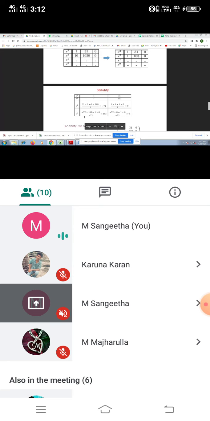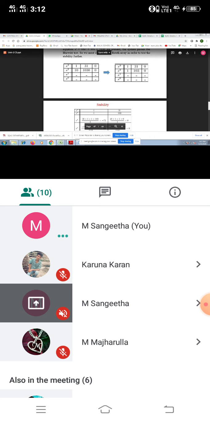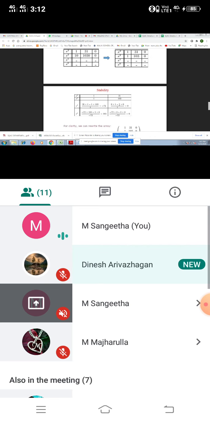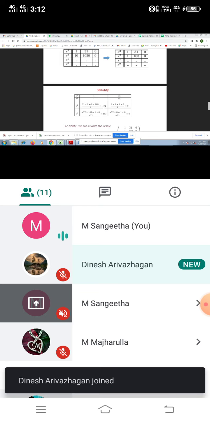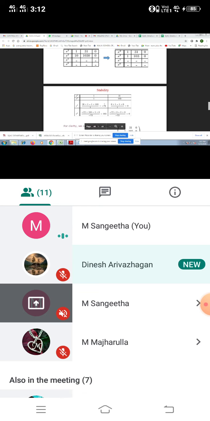Then S power 0 values have to be solved from these two rows. Okay. The value is minus 72. So minus 72 into 103 minus 1 into 0 by minus 72. So 103 value we got here.